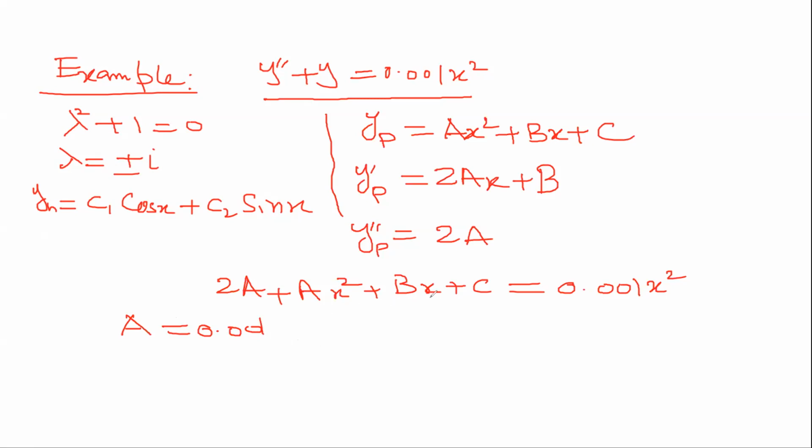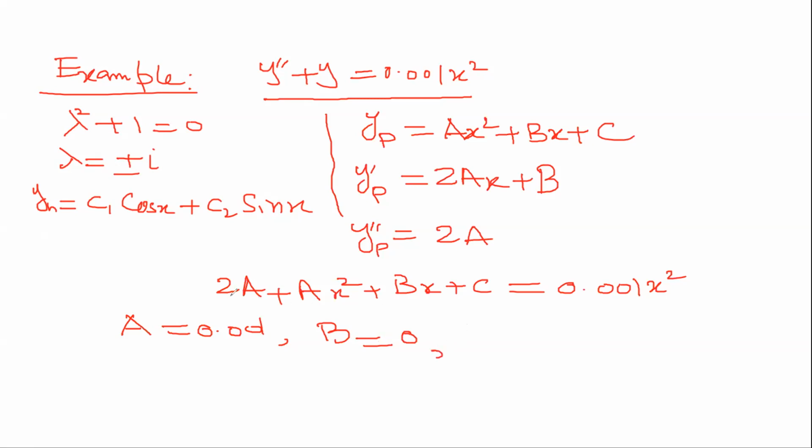But we need to determine the values of B and C as well. For this, we need to compare the coefficients of X and X power 0. There is only one term of X over here, so on the left-hand side we have B. There is no X on the right-hand side, so its coefficient is already 0. So B will be 0.